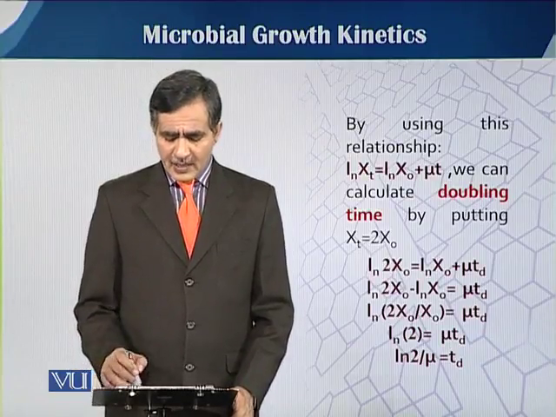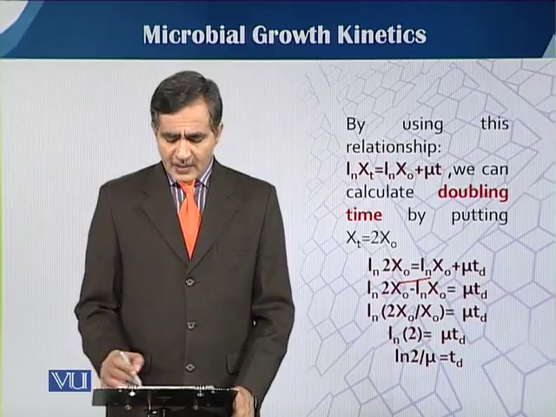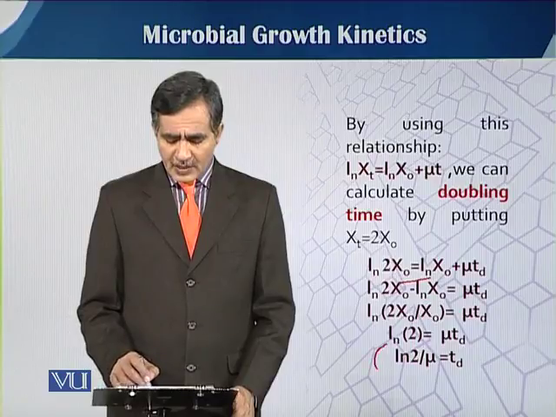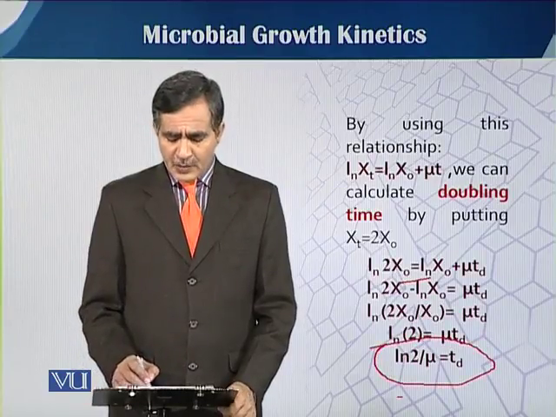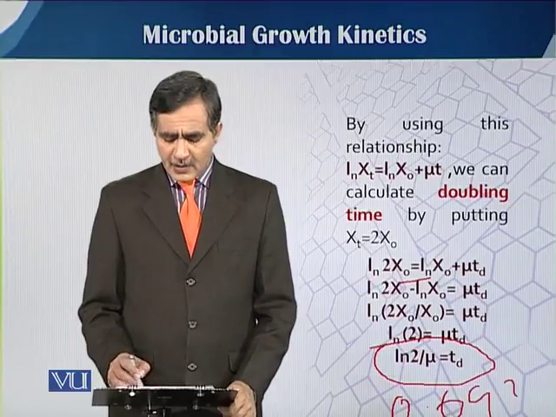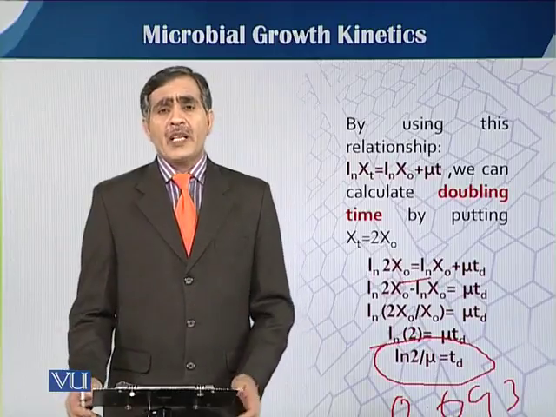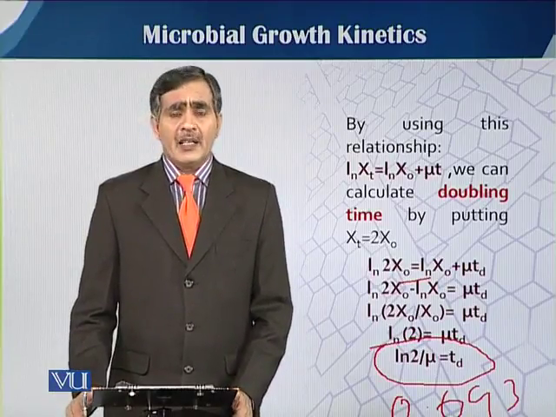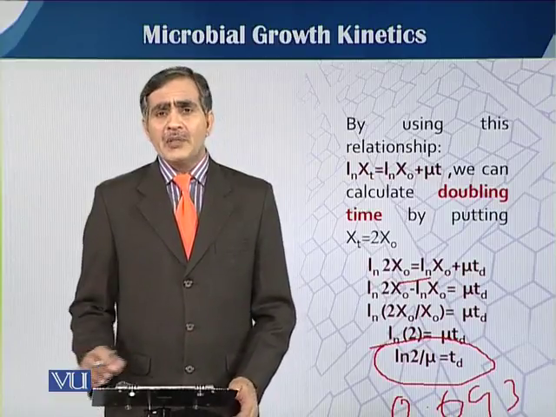When we put this 2x naught into the equation, and we already know that ln 2 is 0.693, then if we know the specific growth rate constant of any organism, we can easily calculate the doubling time by using this equation.